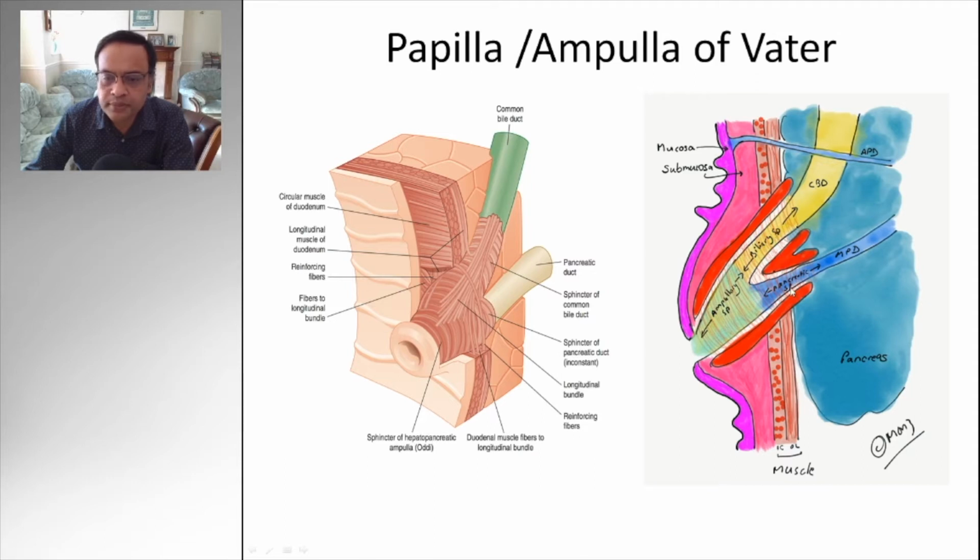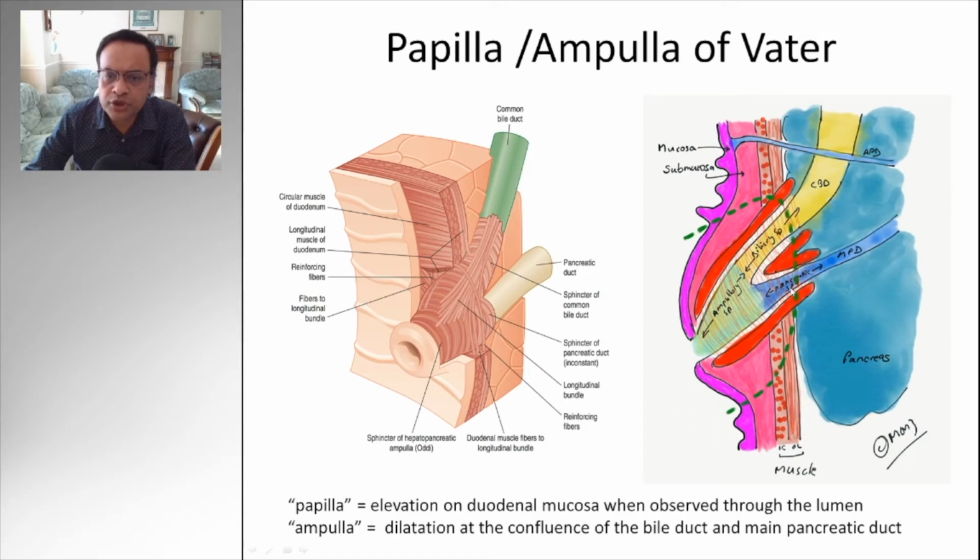There is this muscular septum which separates the lower common bile duct from the lower main pancreatic duct. Now, we often use the terms papilla and ampulla interchangeably, but they do not mean the same thing. The papilla is the elevation on the duodenal mucosa that we observe when we look at the structure at ERCP. It is a bump on the duodenal wall.